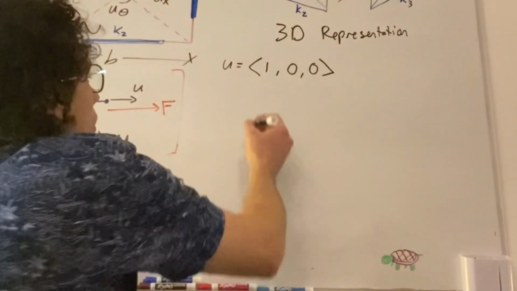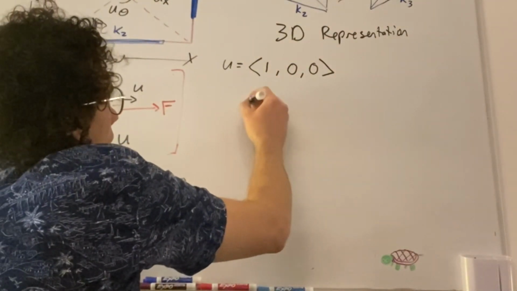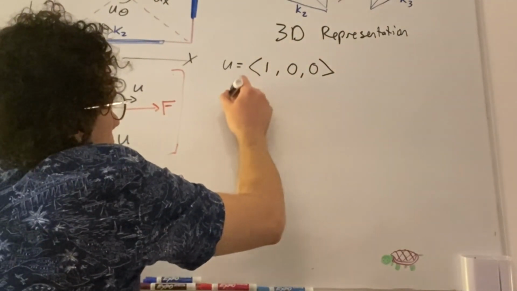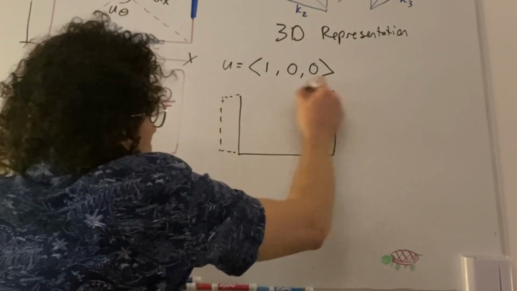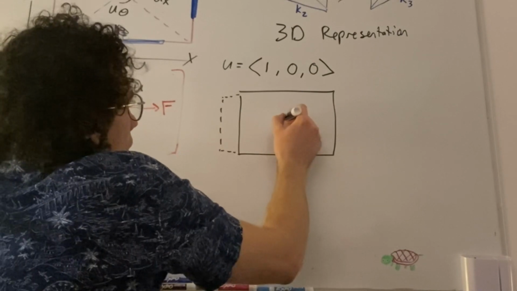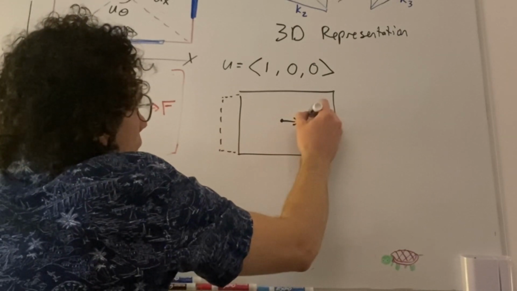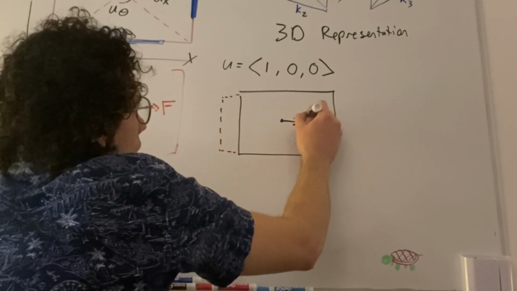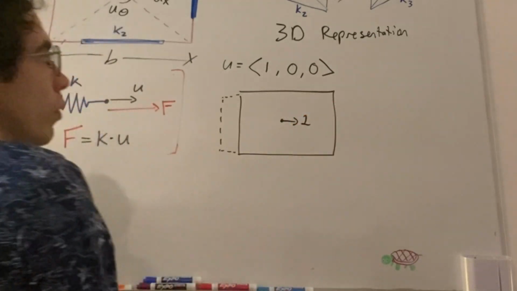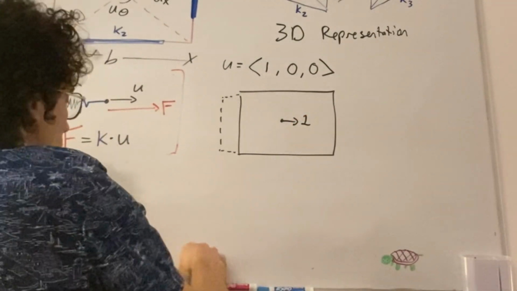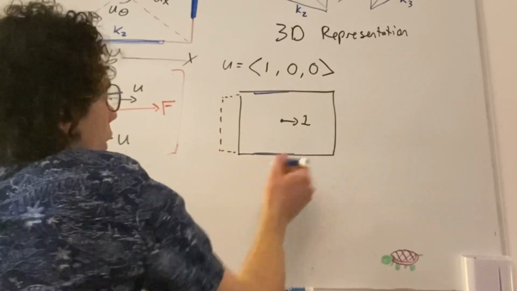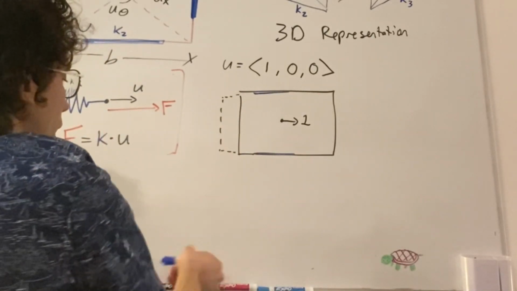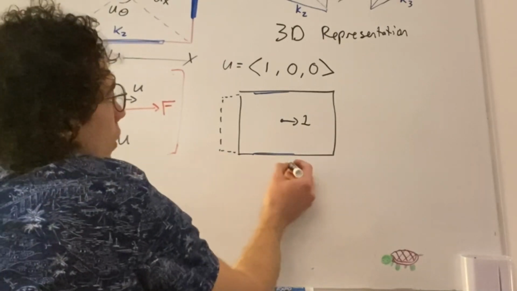In that situation, the building would look like this, where the building had moved over 1, and it caused the wall over here and the wall over here to move, and so you're going to have a reaction force here.